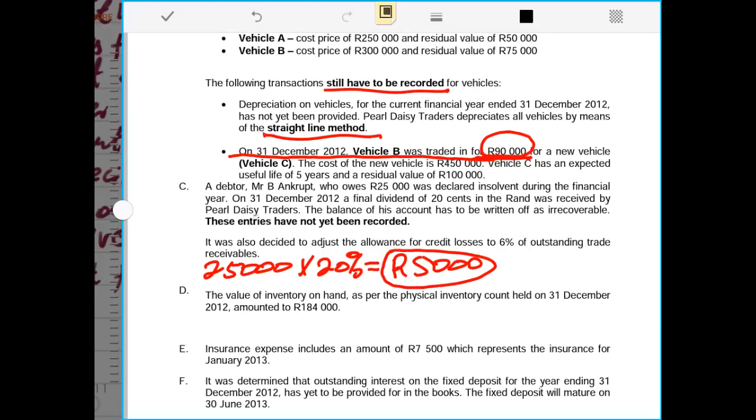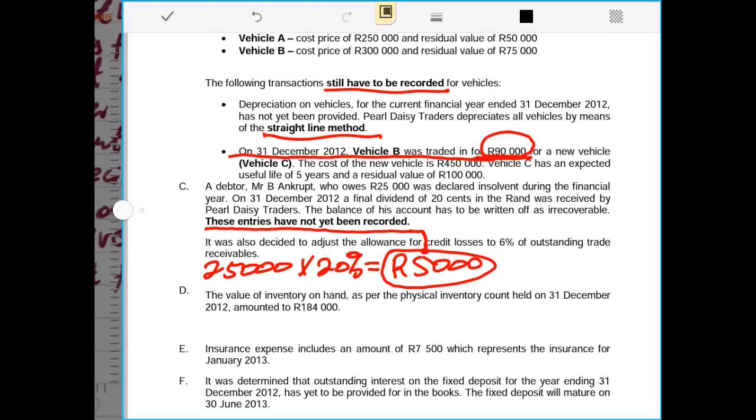And they are telling us that the balance of his account must be written off as irrecoverable. And look at this last sentence. These entries have not yet been recorded. It means this 5,000 that was received was not yet recorded in the books of the business.